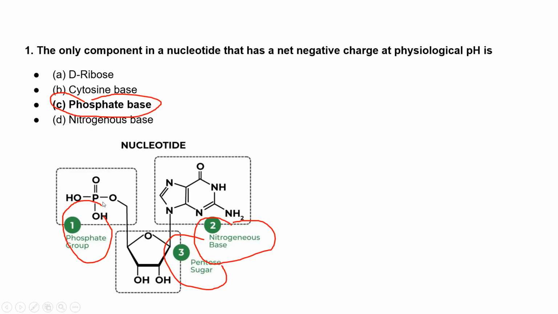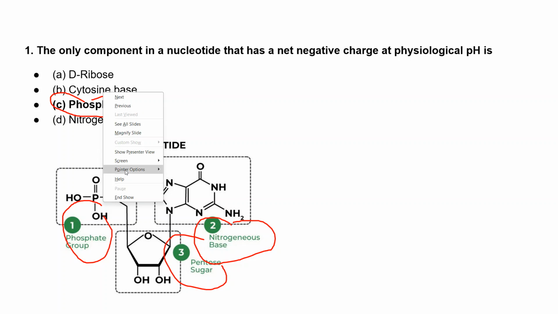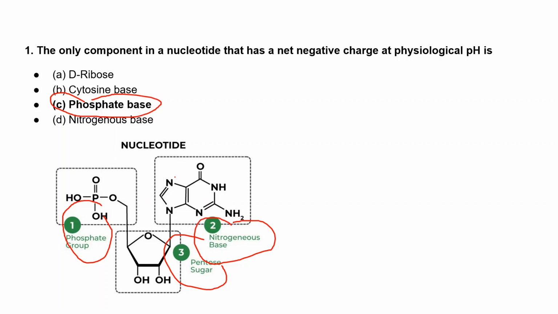So this one is the phosphate group. It has a negative charge because one nucleotide attaches to another nucleotide through the phosphate group only, right? And this one is the ribose sugar.